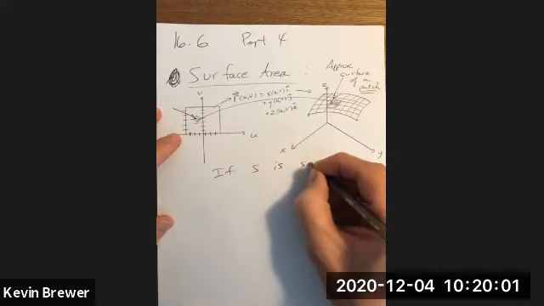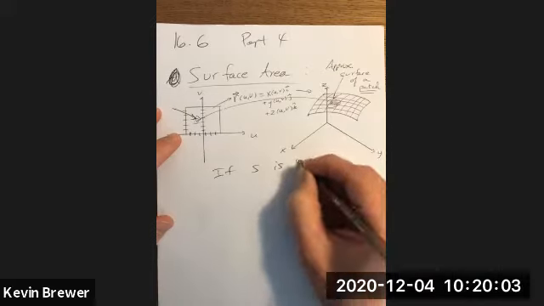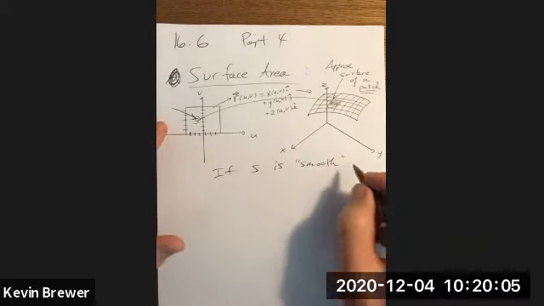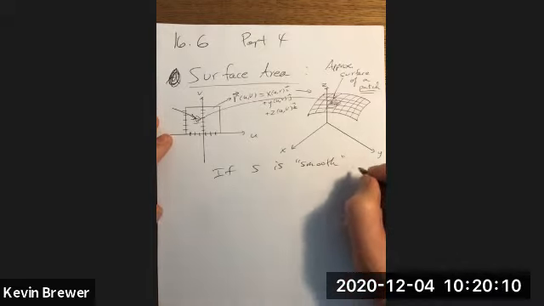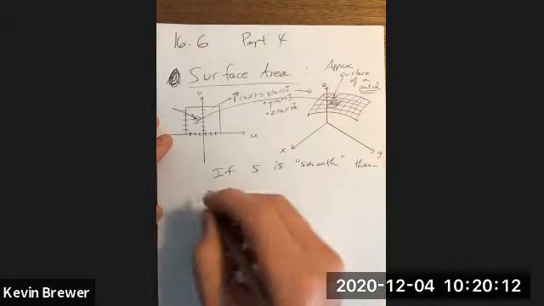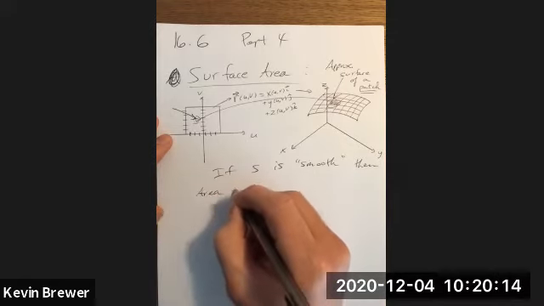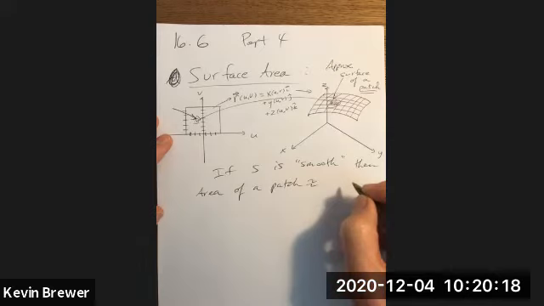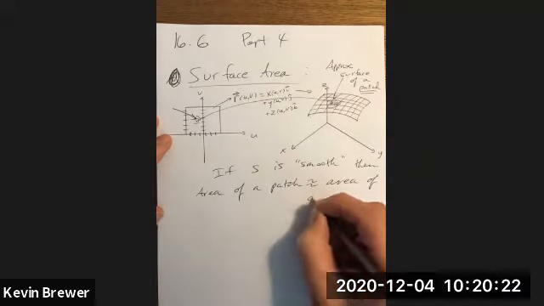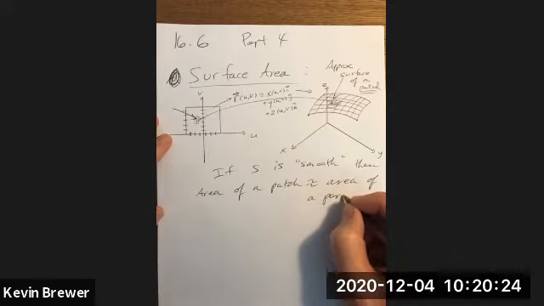We have a precise definition for this in terms of derivatives, but that's not important right now. If S is smooth, then the area of a patch is approximately the area of a certain parallelogram.